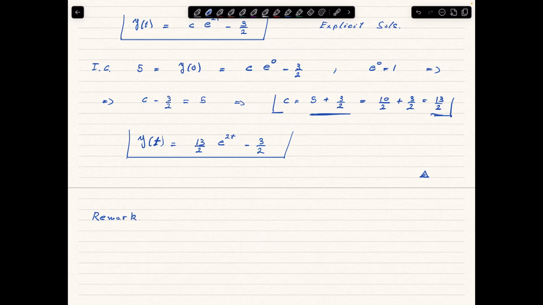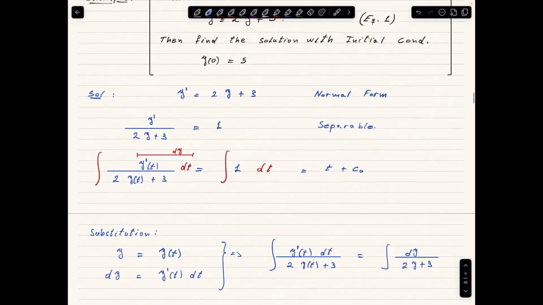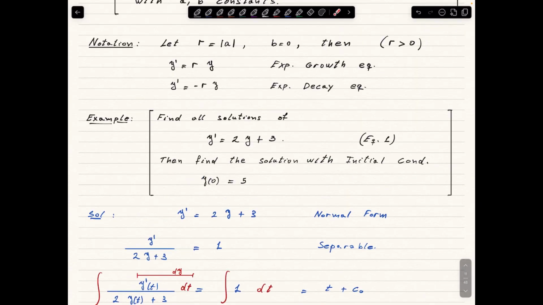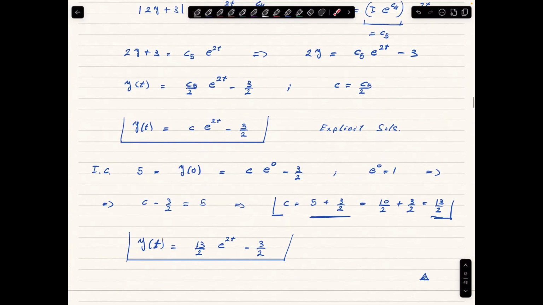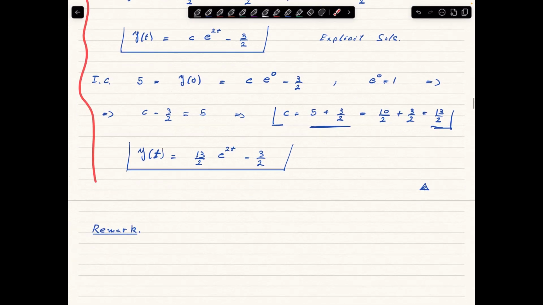It's easy to generalize this formula to arbitrary constants a and b. So instead of 2, 2 and 3, we repeat the calculation with a and b, and everything works out exactly the same. The numbers here are going to be different.